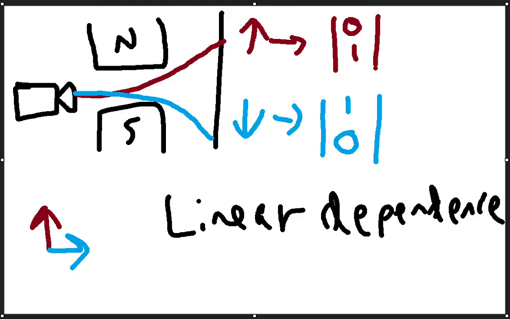You can think of, for example, if we were to rotate this some direction, this might gain a negative sign because it's pointing the other direction. And this might gain a negative sign, but it's still going to be different. It's still going to be in the up and down sort of realm. It's just pointed a different direction because we flipped the apparatus upside down. But anyway, these vectors are linearly independent.